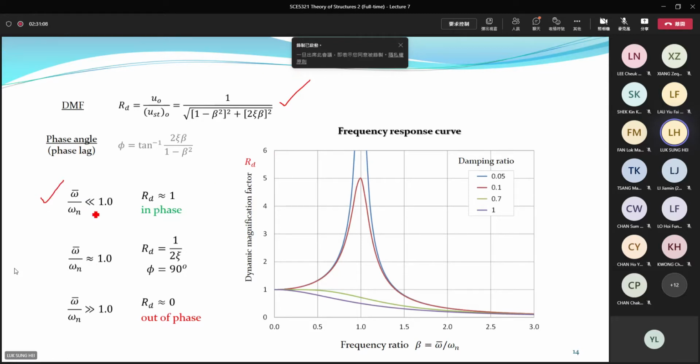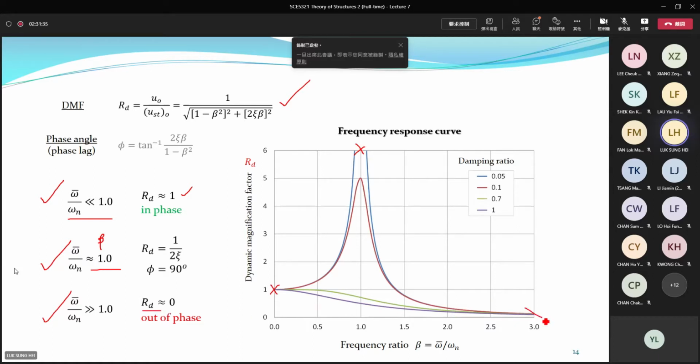When beta is very small, RD equals 1, which means the static scenario I just mentioned. When beta is approximately equal to 1, resonance, you have a big number. When beta is bigger than 1, RD is approximately equal to 0.